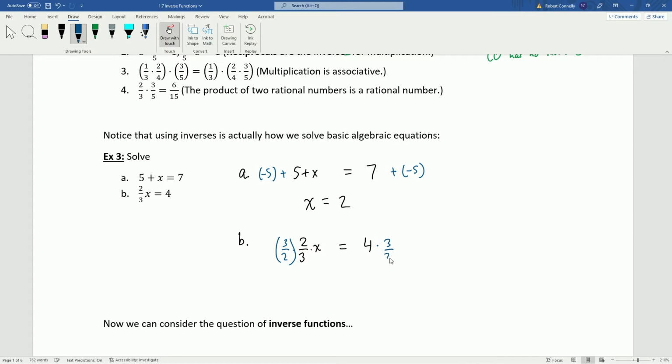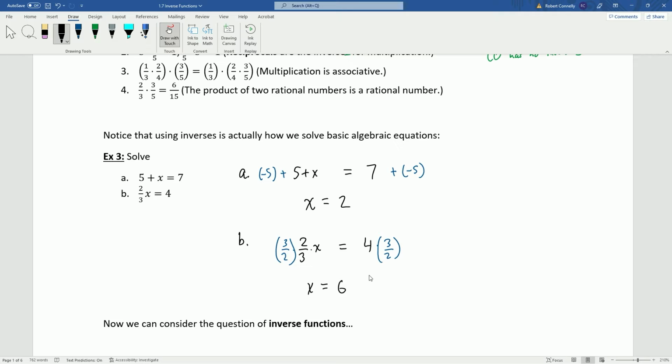So I do the same thing to both sides. And what do I get? Well, these multiply together. They give me 1 times x, which is just x. So this is 4 times 3/2. That's 12/2, which is 6. So, using additive inverses and multiplicative inverses allows us to solve basic algebraic equations.